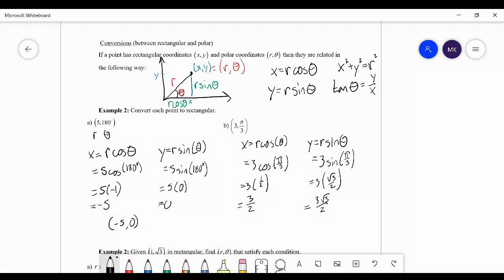So y is r sine theta, which is 3 times sine of pi over 3. Sine of pi over 3 is root 3 over 2. 3 times root 3 over 2 is 3 root 3 over 2.